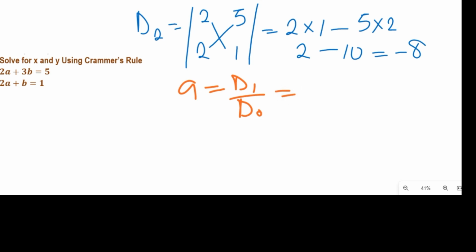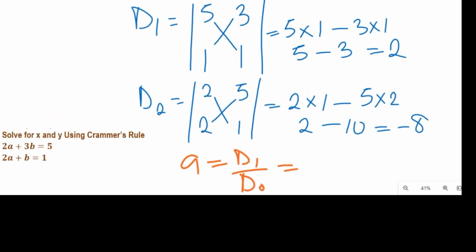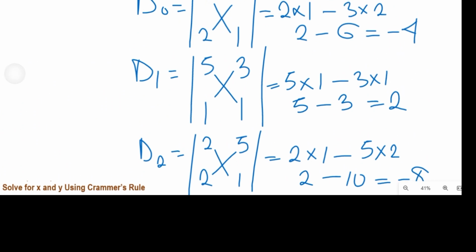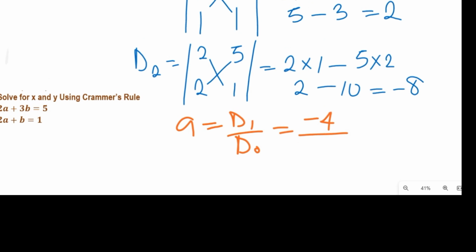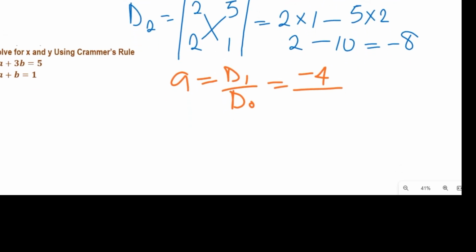Our D1, as we've gotten from our solution, is 2, and our D0 is minus 4.